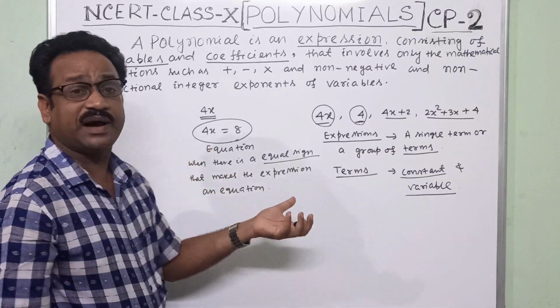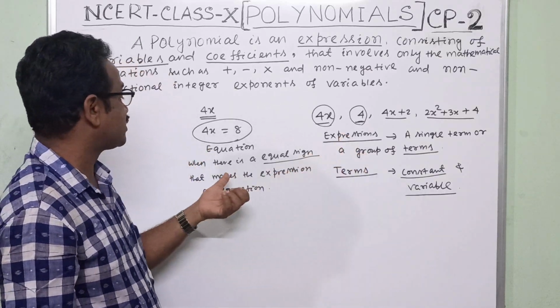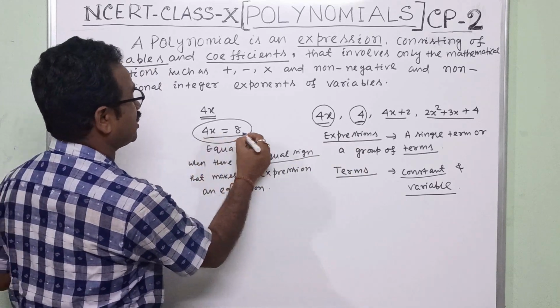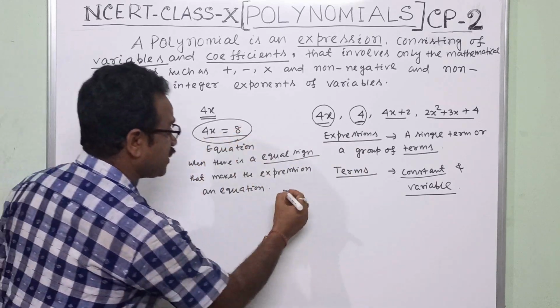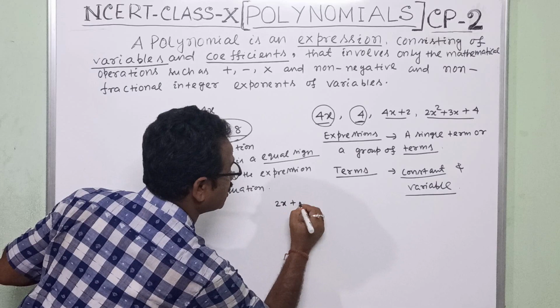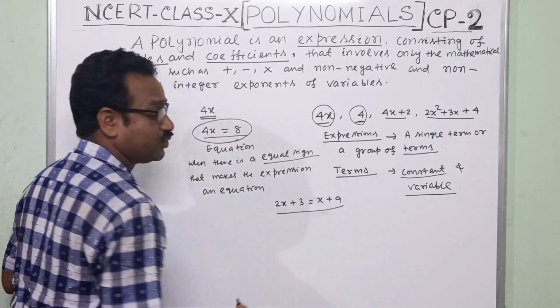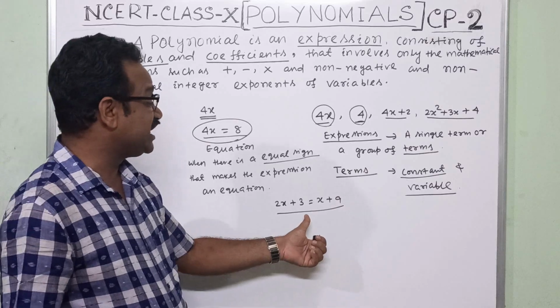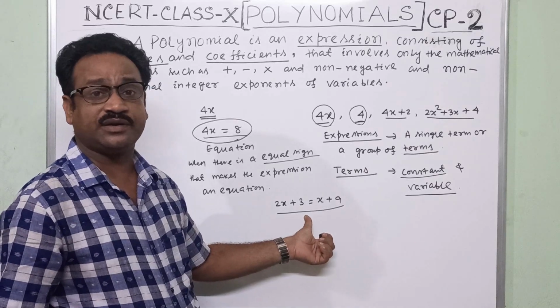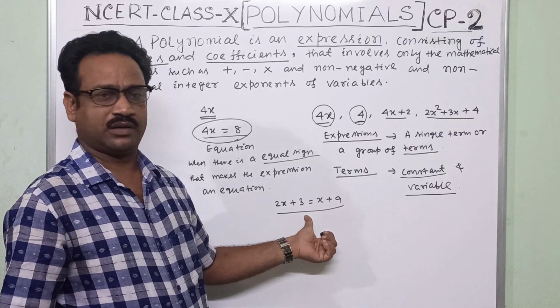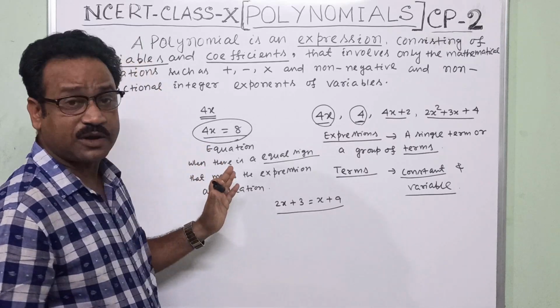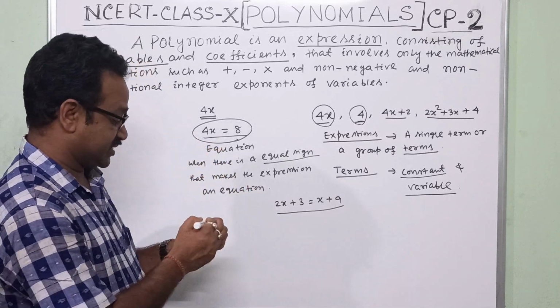So now we have an idea about terms, expressions and equations. 4x is equal to 8, or 2x plus 3 is equal to x plus 9, which we know from junior classes as a linear equation in one variable. Now move on to the topic polynomials.